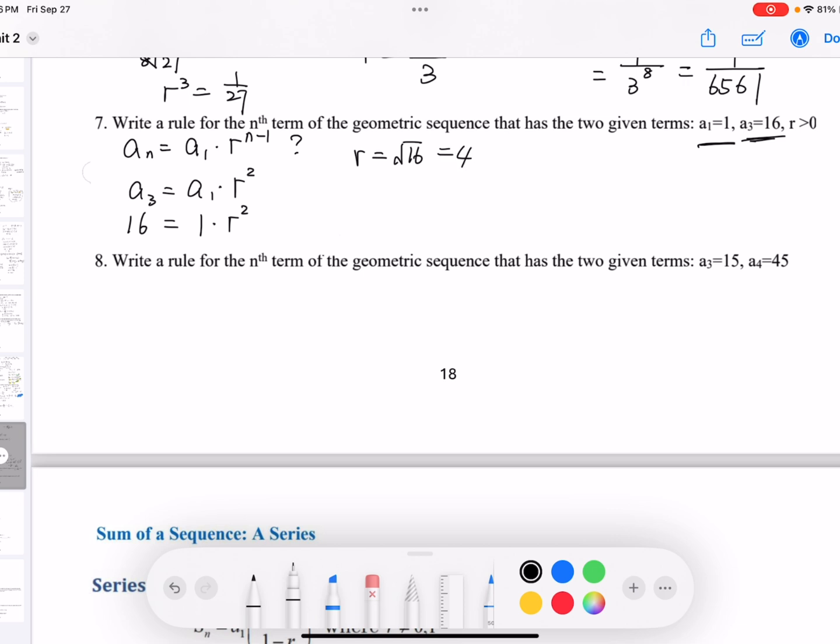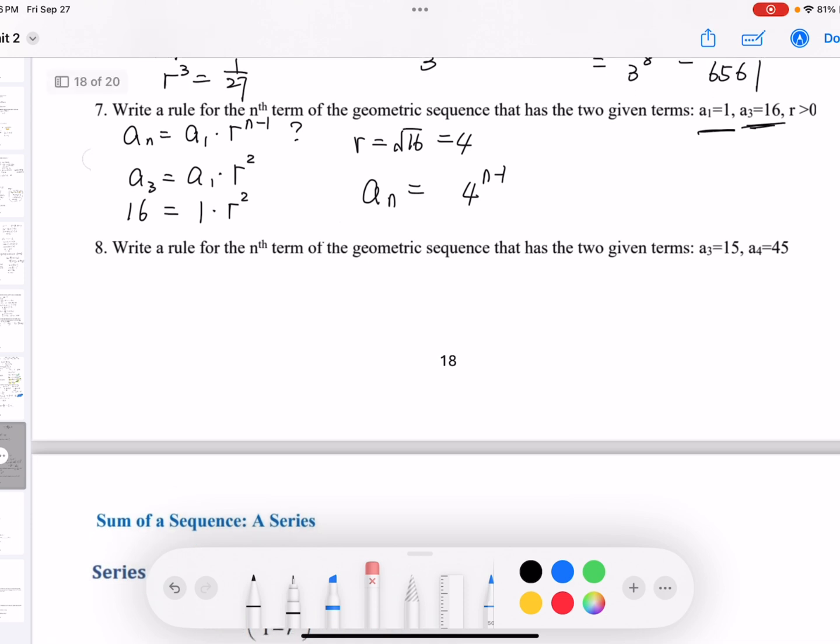Because when I take the square root of r squared, I get positive or negative, but the hint is r is positive, so r is 4. Next step, we bring the r to the a sub n. So a sub n is 1 times 4 to the n minus 1, which is 4 to the n minus 1, because a sub 1 is 1. Okay, we found the rule of the a sub n.